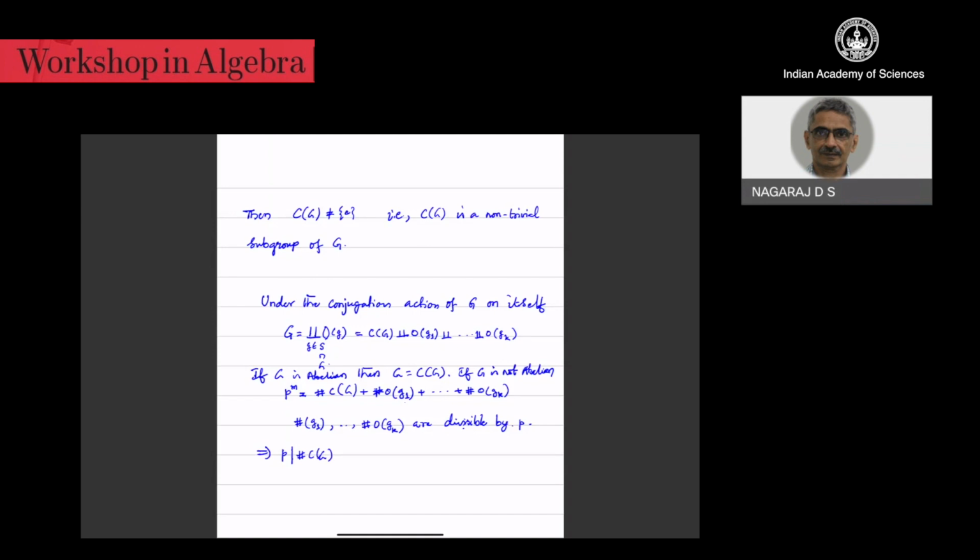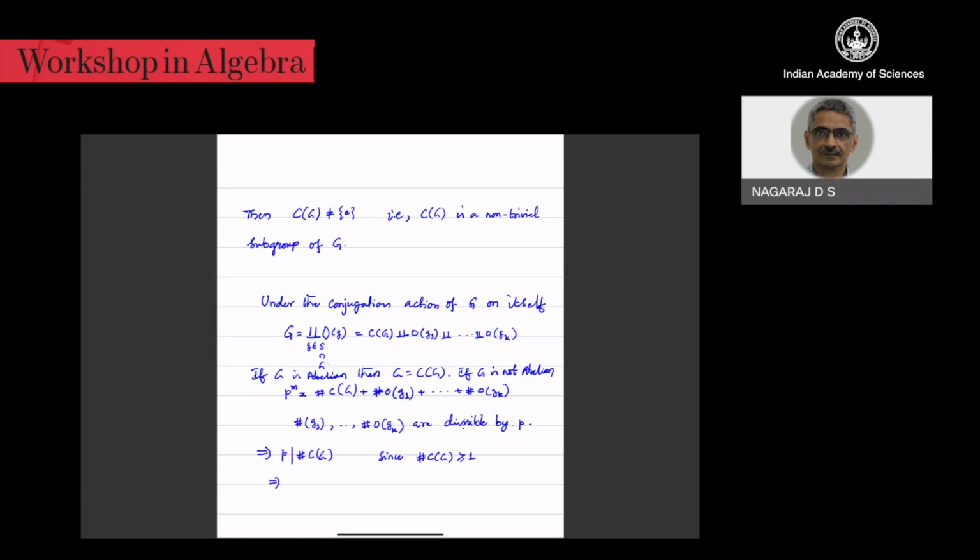And the cardinality of C(G) is non-zero, since it is greater than or equal to 1.